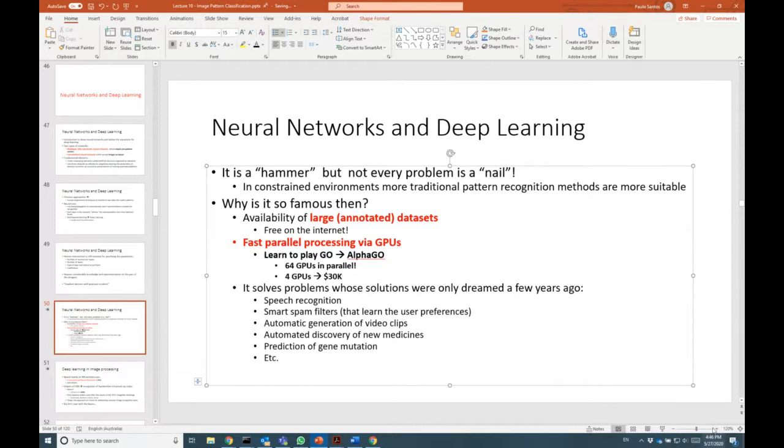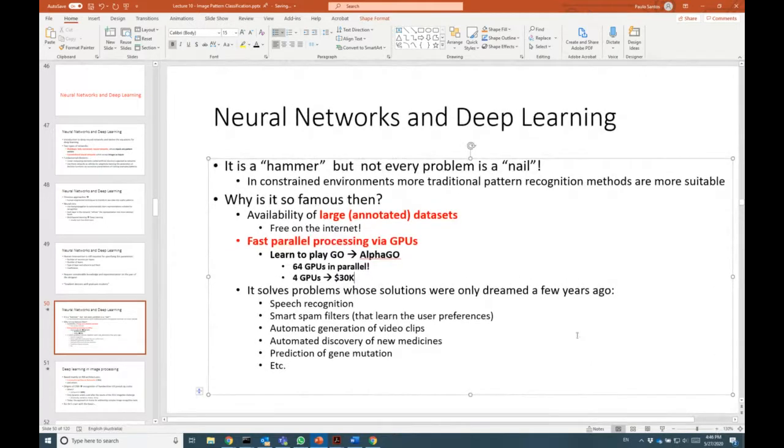That's a stupid amount of processing power. But with this processing power, you get a machine that solves problems whose solutions were only dreamed about, such as speech recognition, smart spam filters, automatic generation of video clips, and also, unfortunately, deep fakes, right?